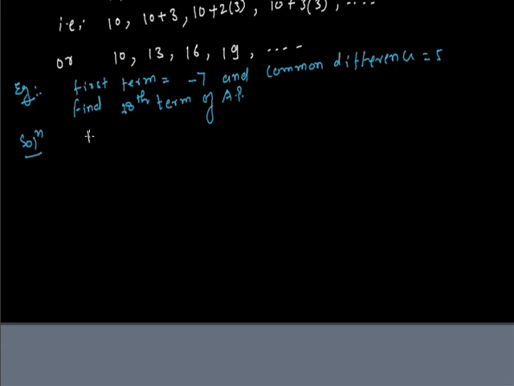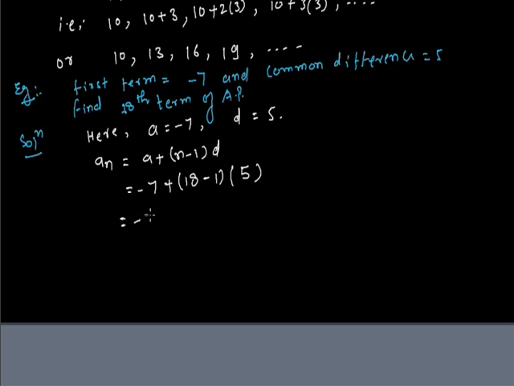Here we have the first term minus 7, common difference 5, and we know that the nth term is a plus n minus 1 into d. If we put the values of a and d, and since we have to find the 18th term, we put 18 in place of n. We find that the value of the 18th term is 78. Later we will discuss the nth term of an AP.